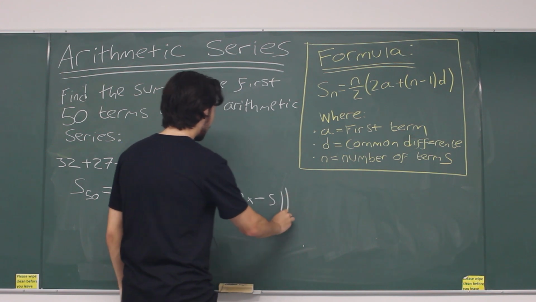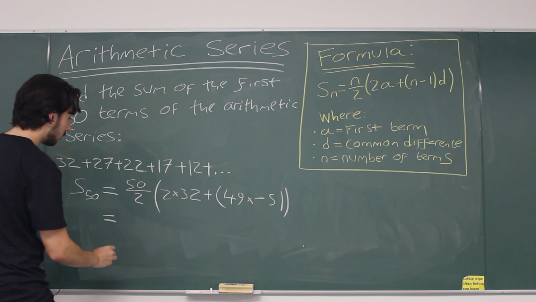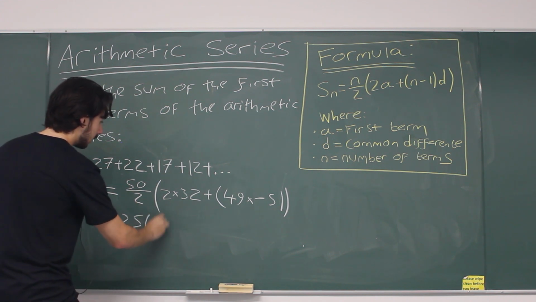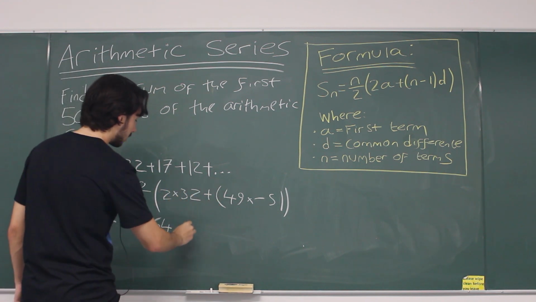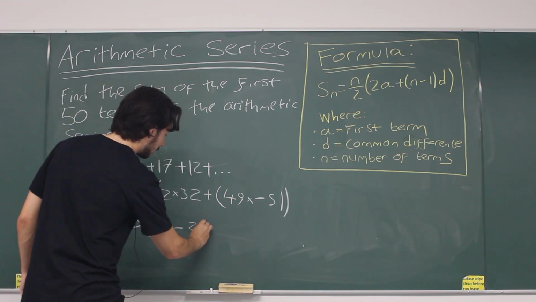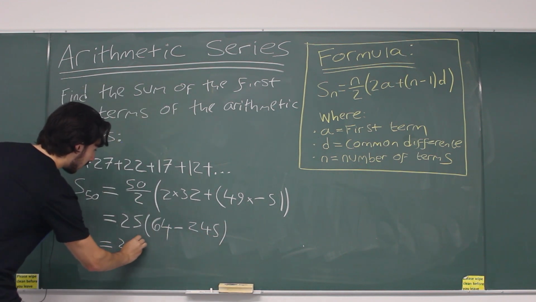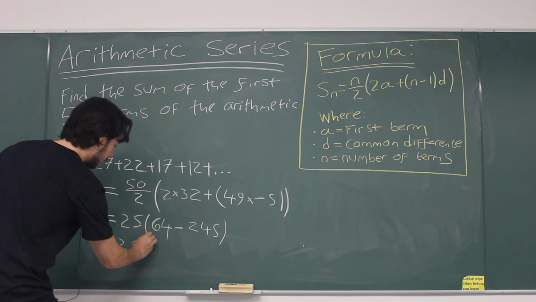Okay. And then, if you have a calculator, this is pretty easy. 50 divided by 2 is 25. 2 times 32 is 64. 49 times minus 5 is minus 245. And 64 minus 245 is minus 181.